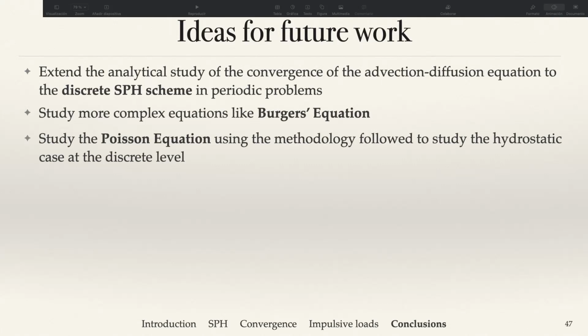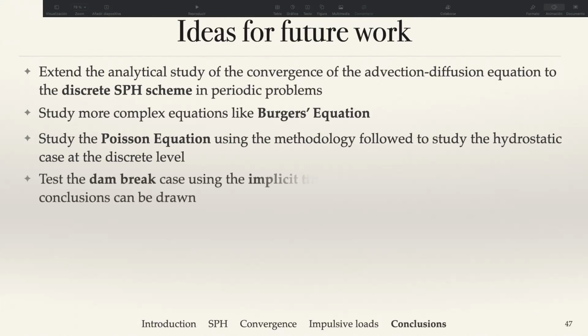Furthermore, this way of solving the Navier-Stokes equation by a projection method, using the Poisson equation, is also used in other CFD contexts, like for instance the finite volume method. So this may also give some insight for other computational methods.